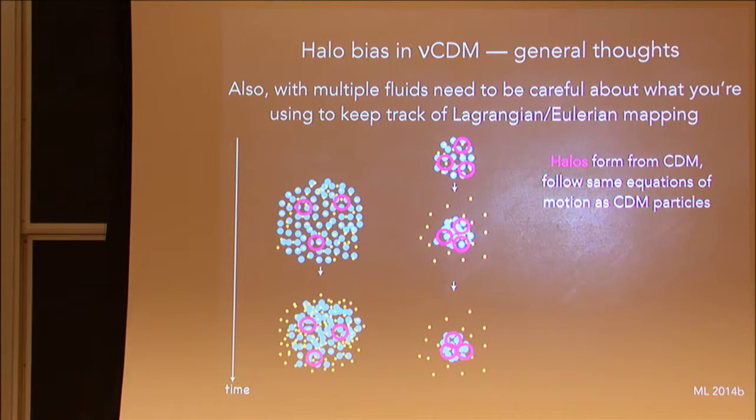So in other words, if I think of halos as test particles in the overdense regions, then they just follow the same equations as cold dark matter, as Matteo discussed yesterday.